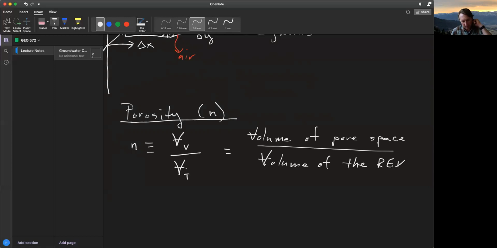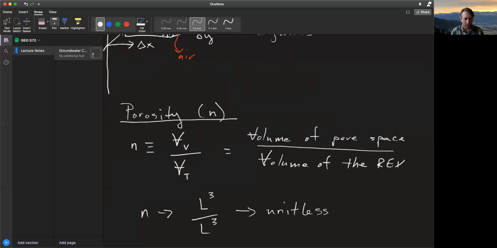All right, and let's talk about the units. So porosity has units of length cubed over length cubed, so it's unitless.